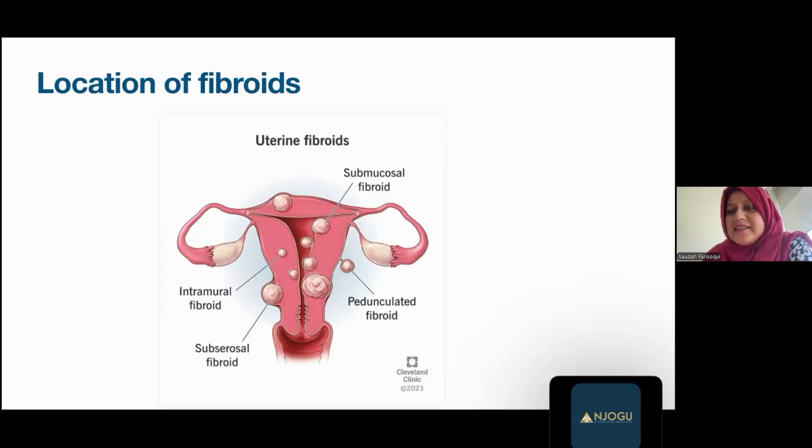What you see as the markings is a subserosal, an intramural, and a submucosal fibroid. So the fibroid will be named based on the position it has in the uterus.